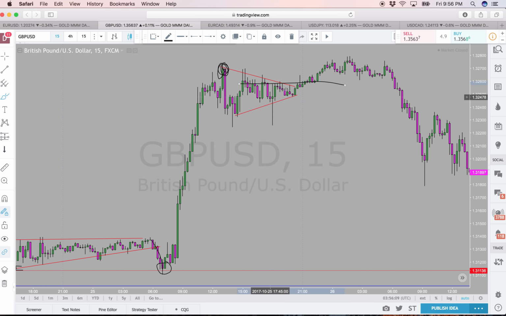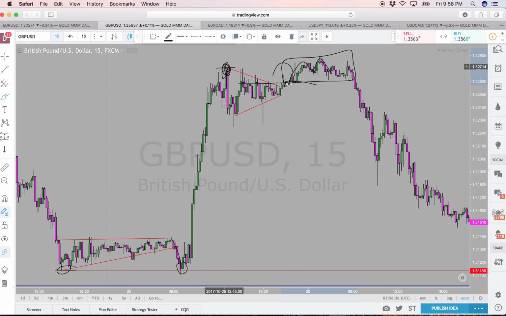We don't want to go into Asian session with our trades open. We know the swap over will affect us as well. So we close out here our buy, and then we can see the wedge formation forming, the M formation at the high of the previous day, consolidation as well at the high of Asian session of the previous day.